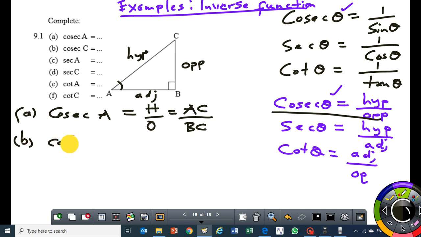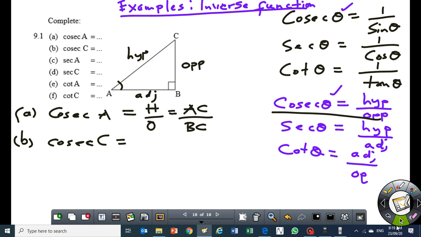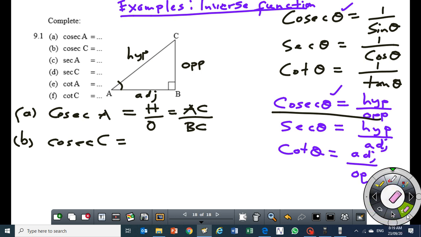Then cosec C. Our reference angle has changed, so we need to change the naming of the sides as well. So we now have C, not A. So C is that.